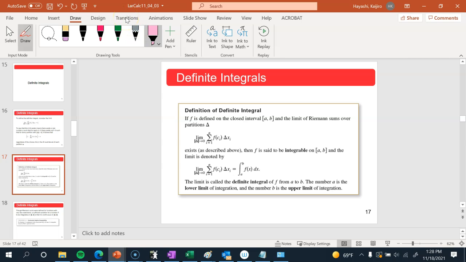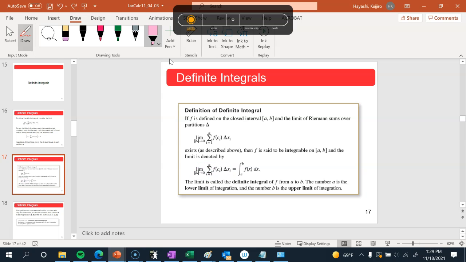So at this point, we would basically be saying that this area that we're finding, by taking the limit as the number of rectangles goes to infinity and the width of the rectangles goes to 0, can be represented in this format.